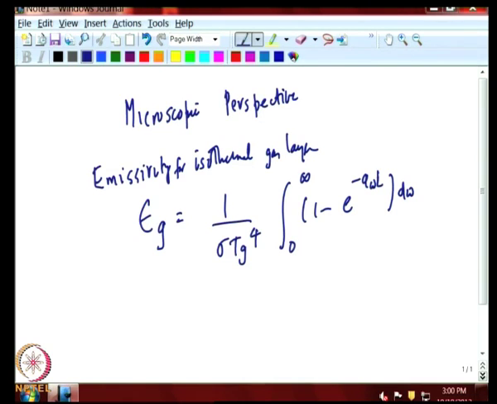And once you are given the value of a omega, then you calculate the function, then integrate over the wavelength or wave number. It is worth remembering that since a omega is a very rapid and complex function of frequency or wavelength, we have to make a decision how we calculate this quantity in a given situation.